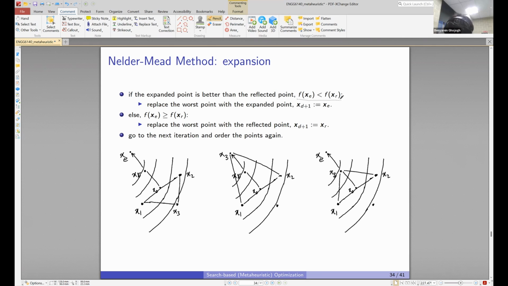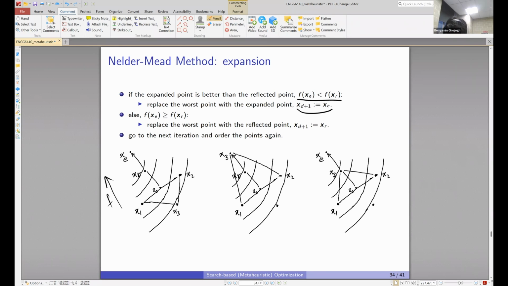If f of xe is less than f of xr, it means that xe is even better than xr, so it's better than xr, x1, x2, x3, all of them. It means that really the function is reducing here. So let's replace the worst point with the expanded point. So x3 becomes here. The worst point becomes the best point now for the next iteration.